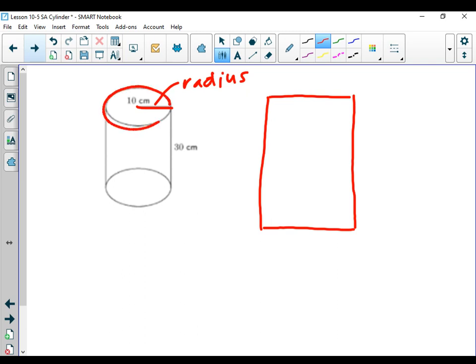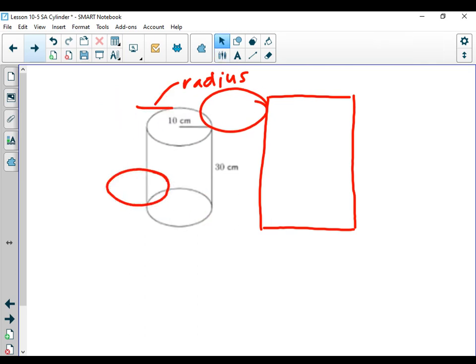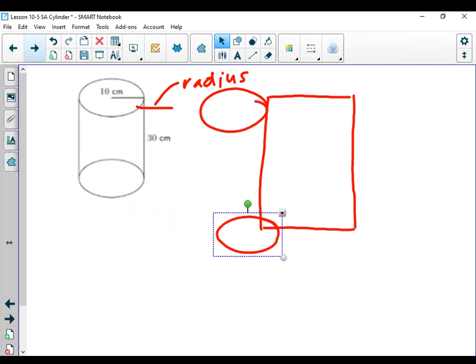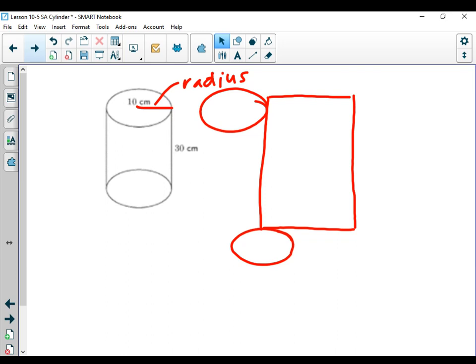And then I have a circle on the top. It can be anywhere. Any place your heart desires. So now I'm going to find the area of all three shapes.